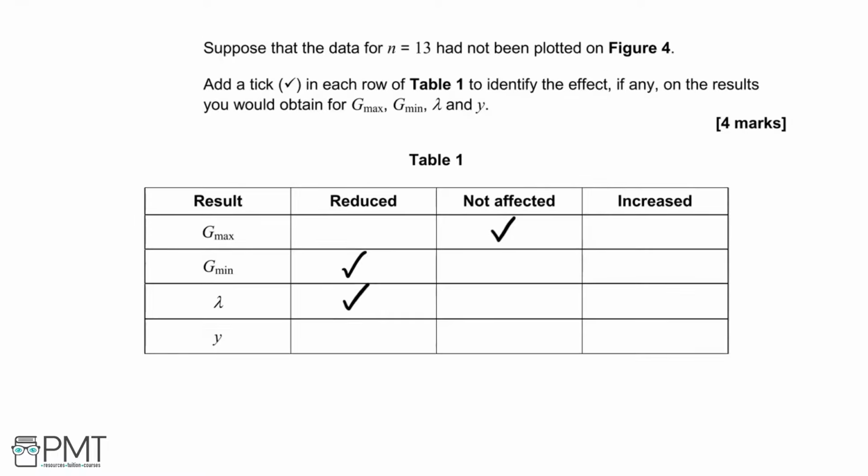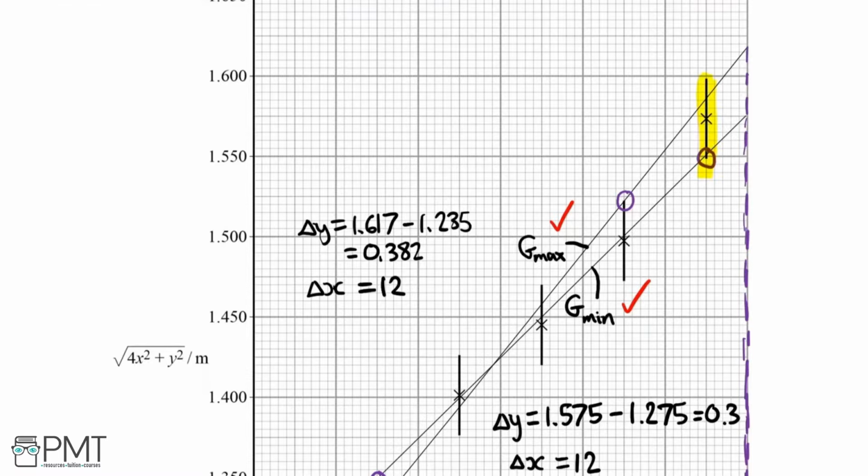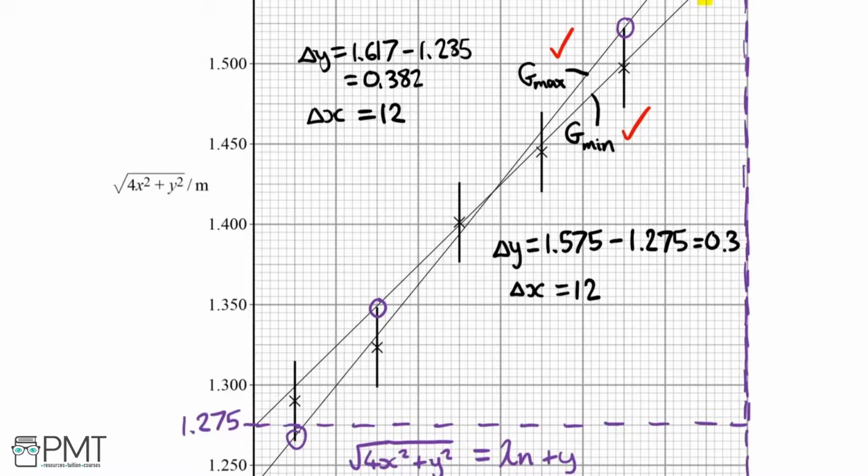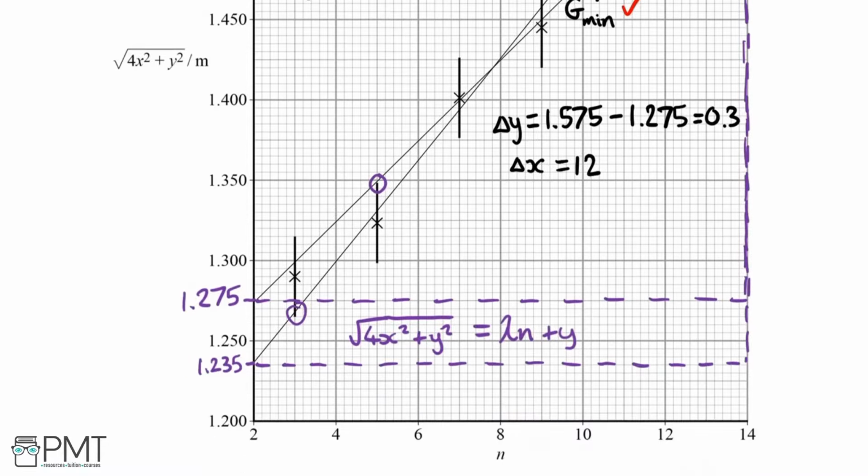And then for the value of y, we need to look back at the graph. If the point at n equals 13 is removed, as we said before, the value of Gmin is going to decrease. The line will become shallower, but it will revolve around the highest point at n equals 5. So if Gmin becomes smaller while the line still revolves around that top point, then it's going to hit the y-axis at a higher value.